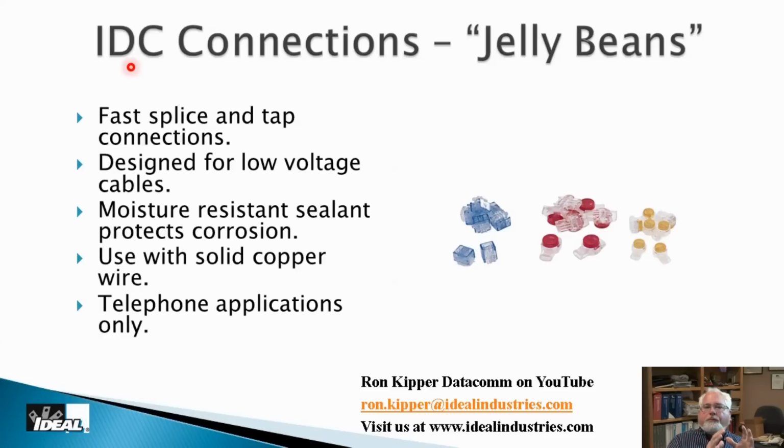Today we use what are called IDC connections. Days gone by, you would have always had a screw like this that you would have had to strip a conductor, wrap the wire around a screw, and tighten the darn thing down. And today, basically, all connections are V-notch cutting blades that you take a conductor with the insulation on it, you set it in that V-notch cutting blade, and you drive that conductor into that cutting blade, utilizing what we refer to as a punch-down tool typically, and it bites through the outer jacketing of the cable and bites into the copper, and again, we call them insulation displacement connections.